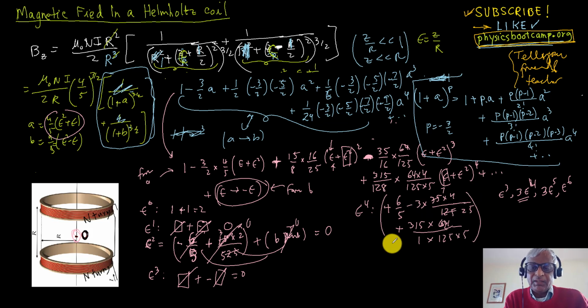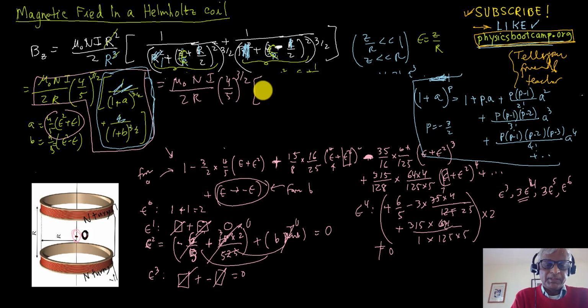And this whole thing is coming from the A alone, and the B will be exactly the same thing, so times 2. And this is not 0. So when I expand this, I am going to get epsilon to the power 4 as the first non-cancelling term.